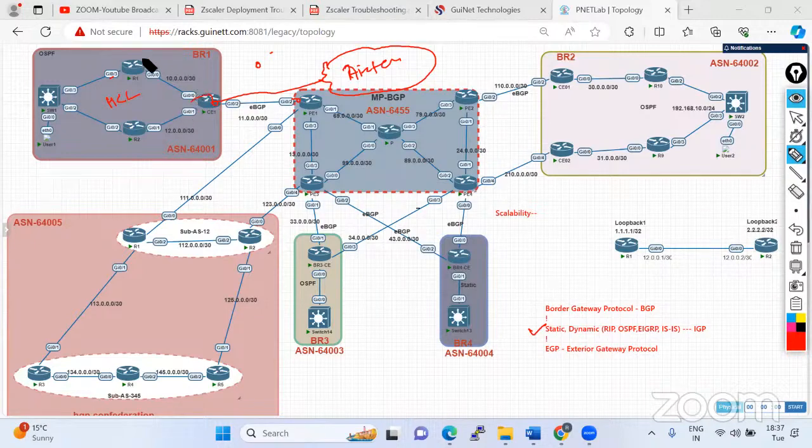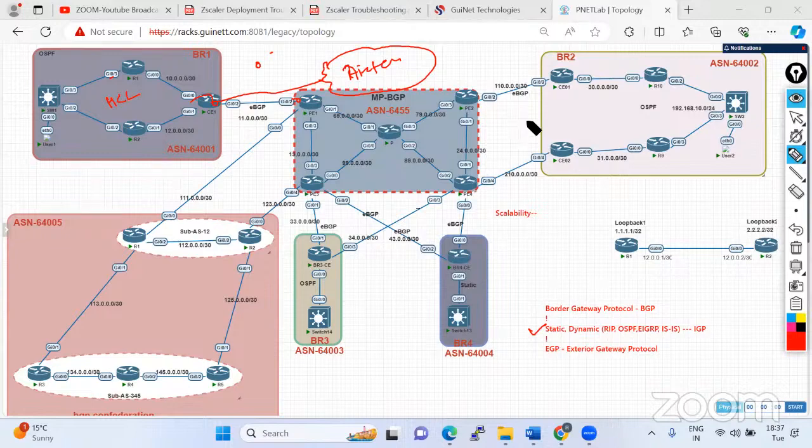Inside the company, whatever communication happens refers to one autonomous system, and that communicates to another autonomous system if you want to make any communication, right? So this is going to play a very vital role throughout all communication.